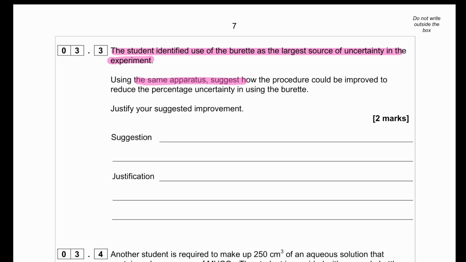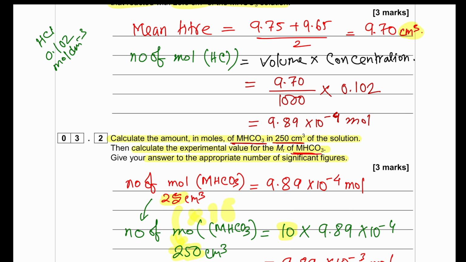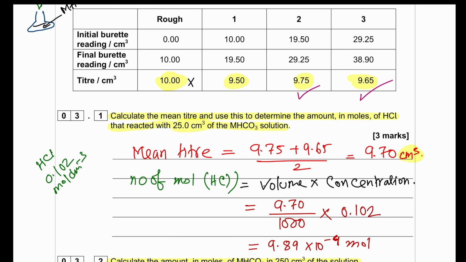The student identifies use of the burette as the largest source of uncertainty in the experiment. Using the same apparatus, suggest how the procedure could be improved to reduce the percentage uncertainty in using the burette. Justify your suggested improvement. Whenever a student is using a burette, a burette has the capacity to measure up to 50 cm3. Using a smaller volume for our titration can be a major source of uncertainty.